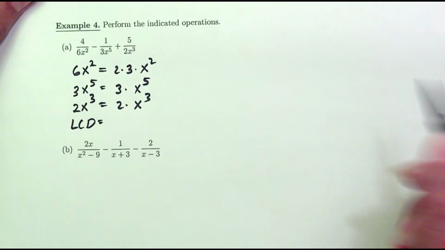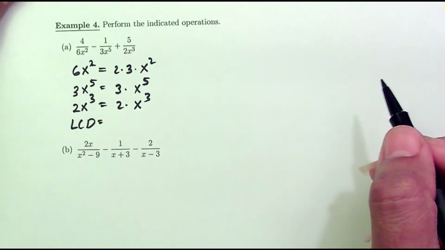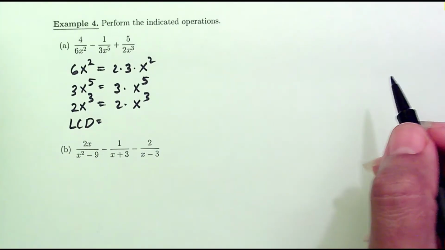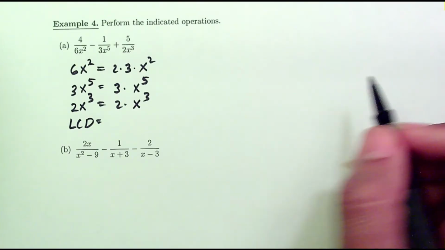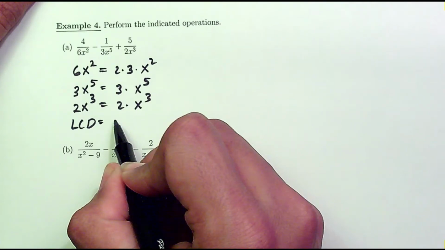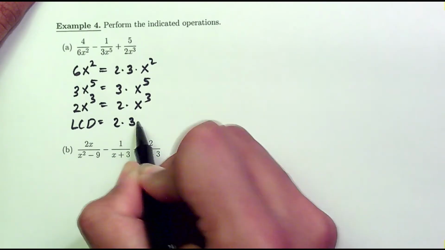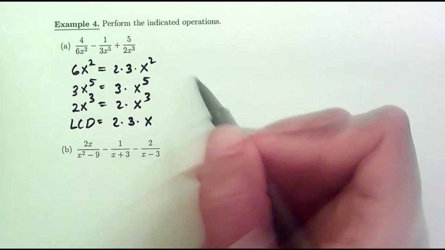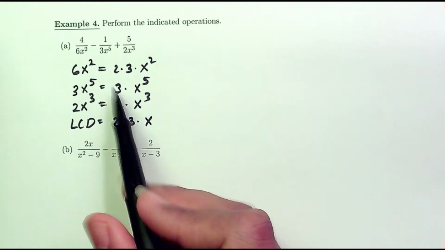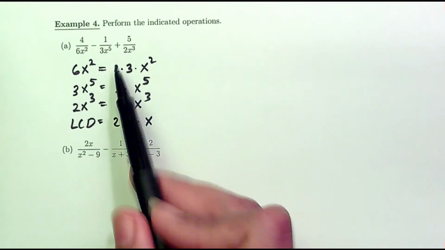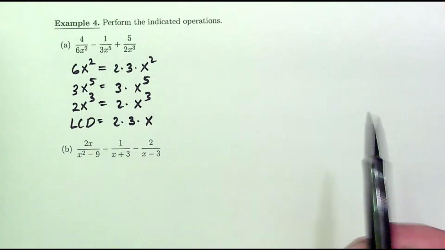So the least common denominator is going to be, first, you write all the different factors without any exponents that you see. So I see a 2, I see a 3, and I see an x, ignoring exponents. Then you go back and for each of these factors, you choose the biggest exponent that you see. For 2, I don't see any exponents other than the invisible 1, so that's it.